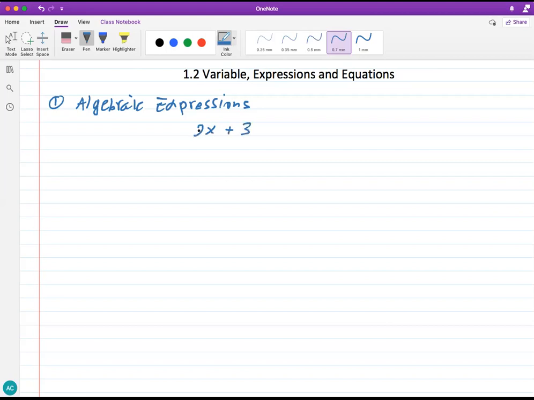Could be like this, or it could be something like this, 2x plus 3. That's an expression. The x is a variable. And these are just numbers or constants. You can also call them constants.